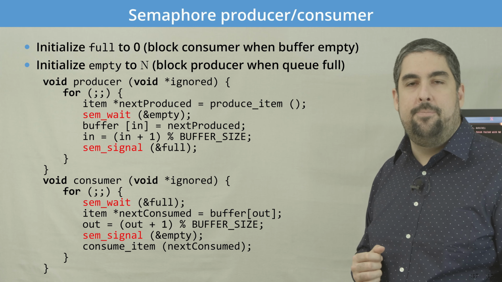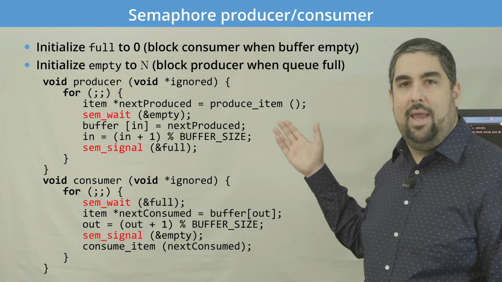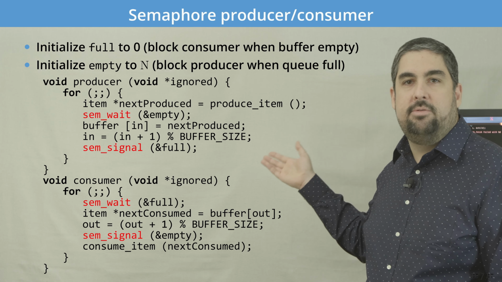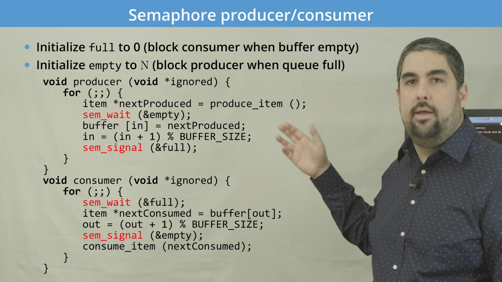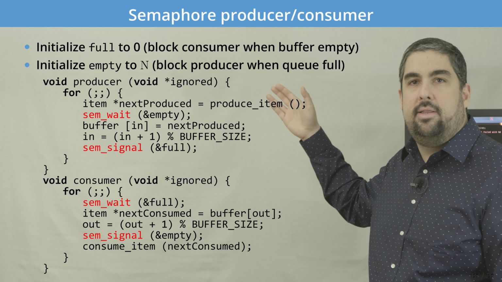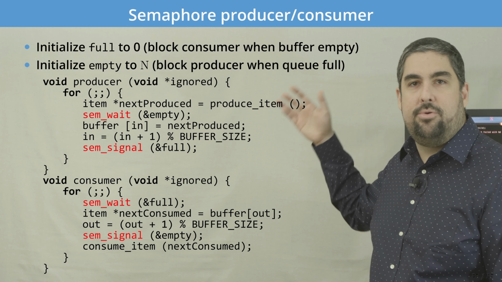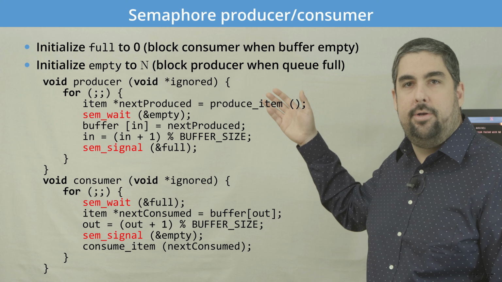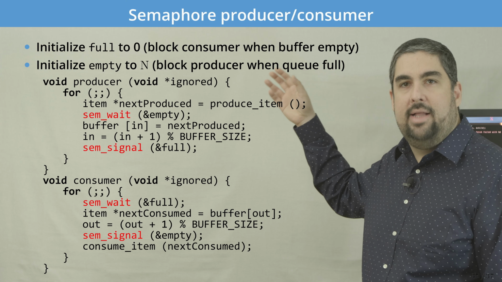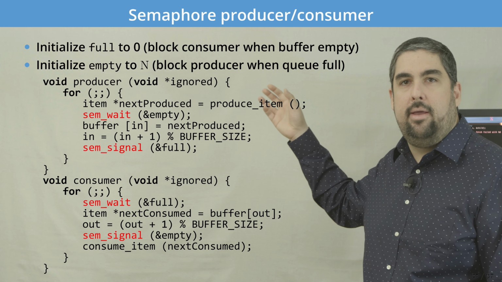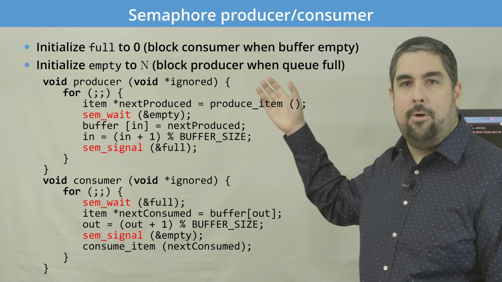One of the nice things here is that the semSignals and waits can run multiple times before the other thread runs. They don't actually have to run concurrently. So in this case, empty was set to n. We can iterate n times through this producer function before we fill up the buffer and semWait is called, sleeping on the empty semaphore.